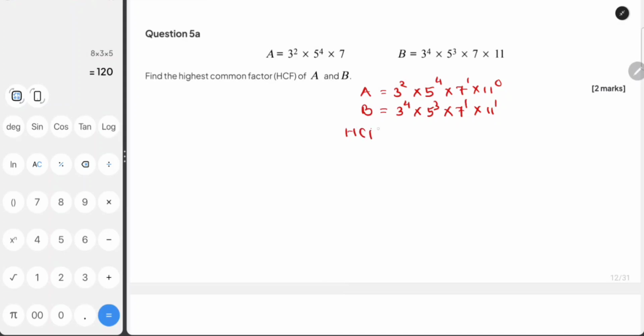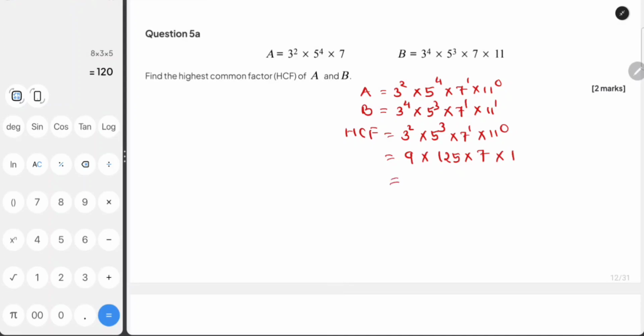So in HCF we take the lowest power of each factor, so that's 3 raised to 2, 5 raised to 3, 7 raised to 1 and 11 raised to 0. Now 3 raised to 2 is 9, 5 raised to 3 is 125 and 7 raised to 1 is 7. And 11 raised to 0 is 1 only, so you don't need to consider that.